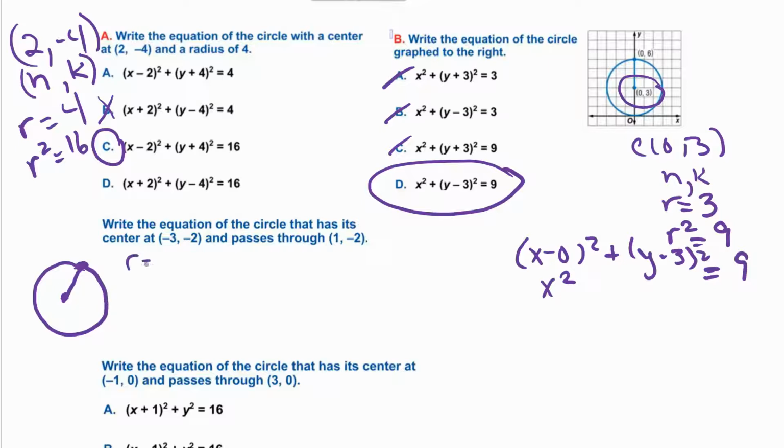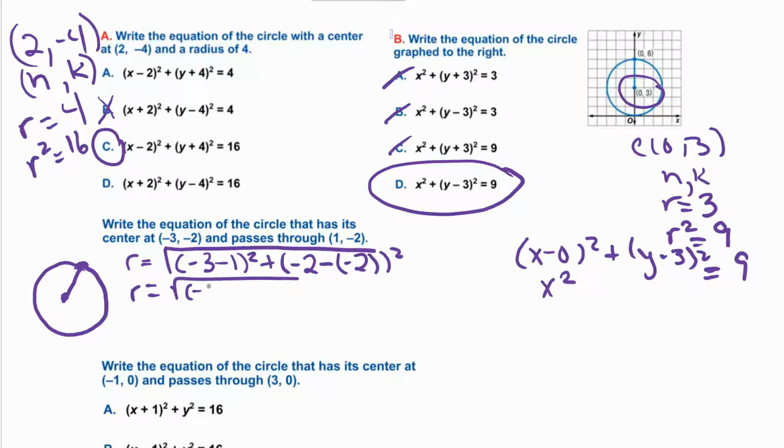So the radius would equal, using the distance formula, the square root of (-3 - 1) squared plus (-2 - (-2)) squared. So that would give us (-4) squared plus 0 squared. So the radius would be the square root of 16, which is 4.